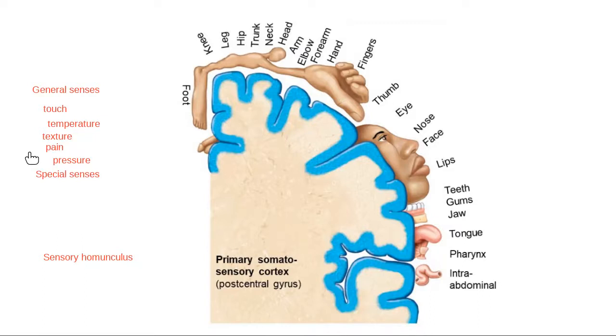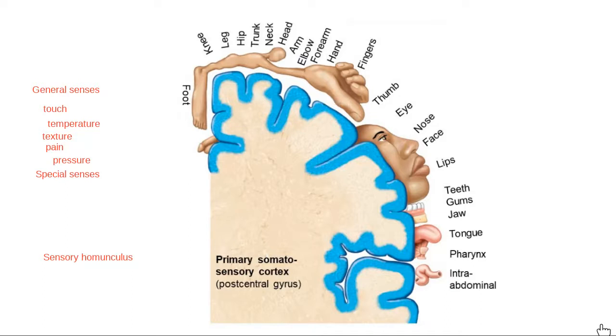If I have a really big place on this sensory homunculus, like the fingers, for example, or like the foot, really big place here, what does that tell me about those parts of the body when a region is really big?